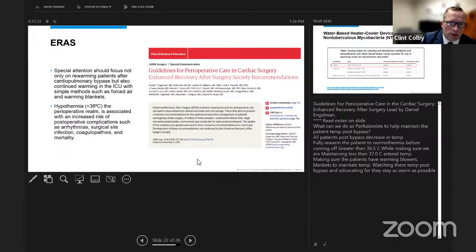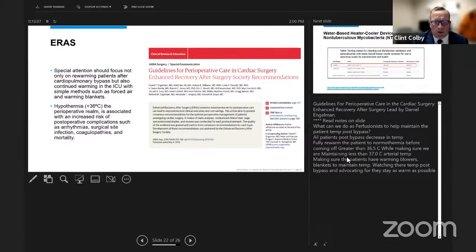Special attention should focus not only on rewarming patients during cardiopulmonary bypass, but also continued rewarming in the ICU with simple methods such as forced air and warming blankets. Hypothermia, less than 36C, in the ICU perioperative realm is associated with an increased risk of postoperative complications such as arrhythmias, surgical site infections, coagulopathies, and mortality.